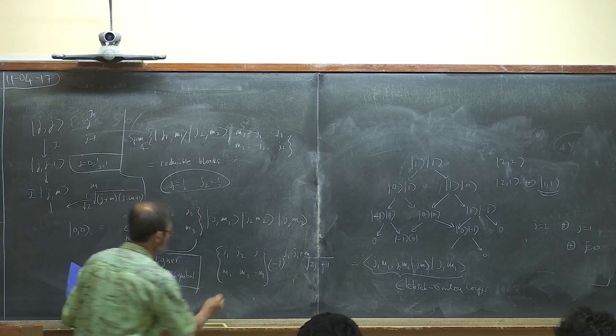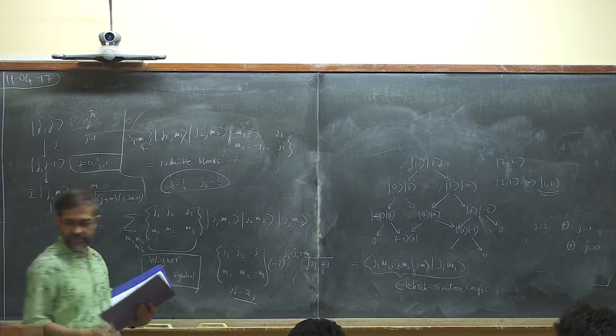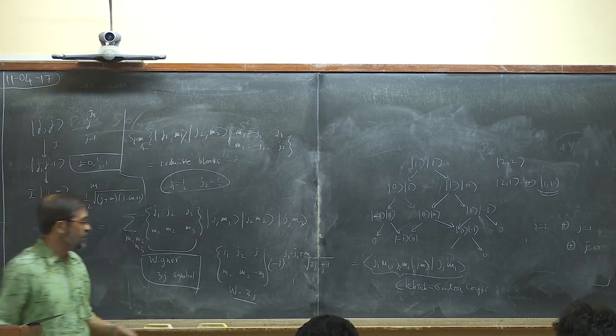So this is the relation between Wigner 3J symbols and Clebsch-Gordan coefficients.